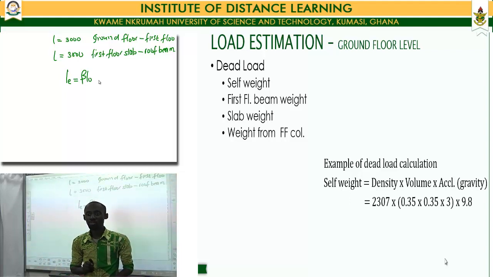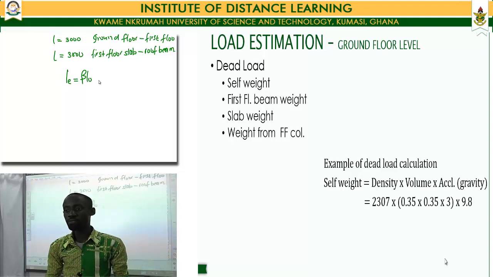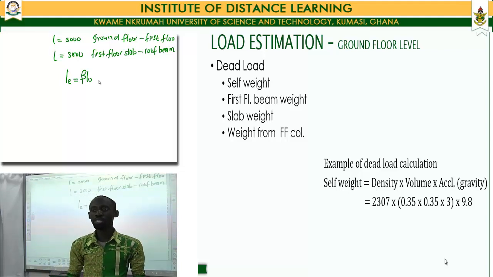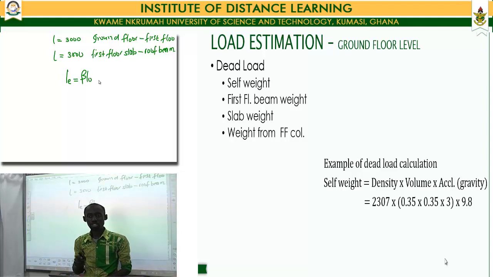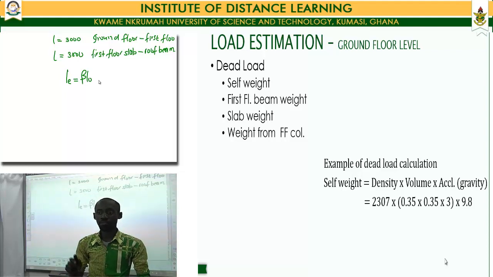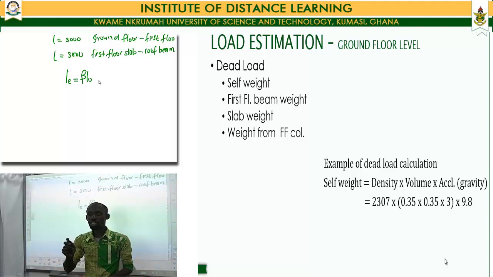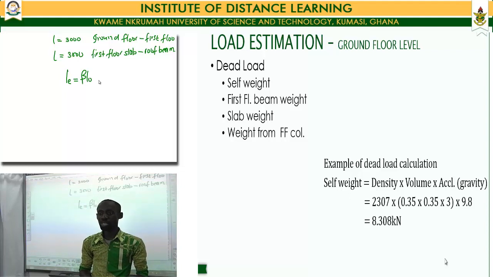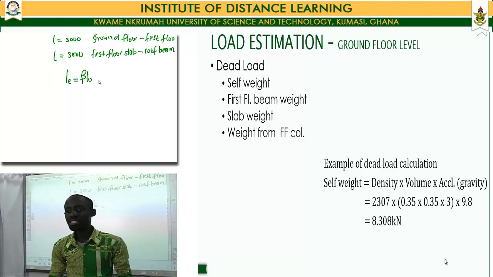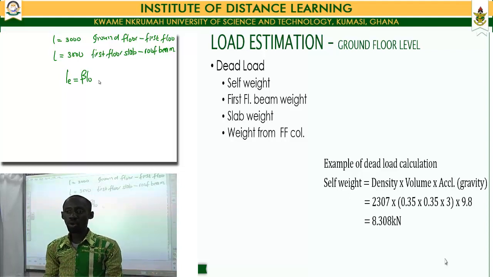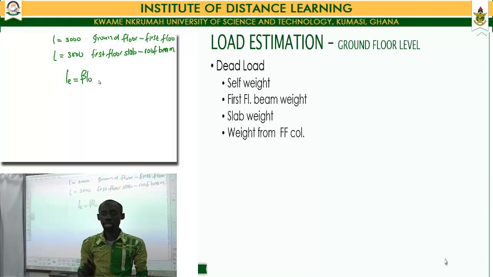Our density value is 2307 multiplied by the volume of our ground floor column, which is 0.35 multiplied by 0.35 multiplied by 3, since we had our cross-sectional area being 350 by 350. Then multiply everything by 9.8, which is the acceleration due to gravity. This gives us a column weight of 8.308. So the self-weight of our column is equal to 8.308.